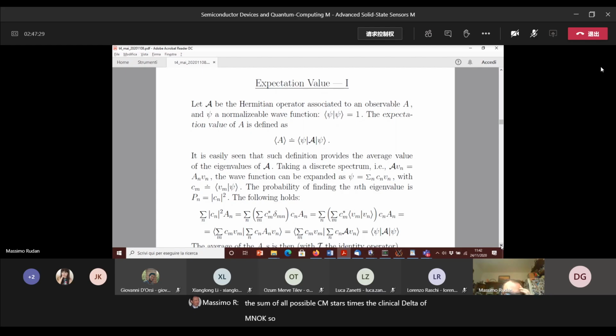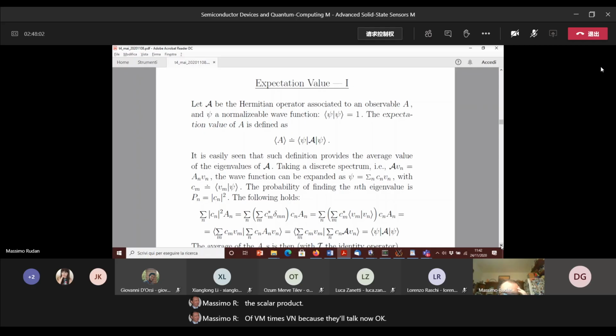So in the parentheses, the delta kills everything but Cn star. So this is the fancy way of writing Cn star. But then we remember that the eigenfunctions of the operator are mutually orthogonal. So the delta can be written as the scalar product of Vm times Vn because they are orthogonal.